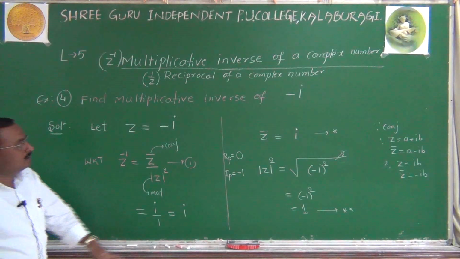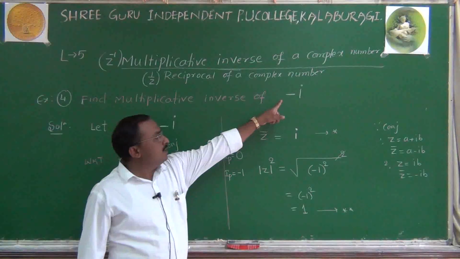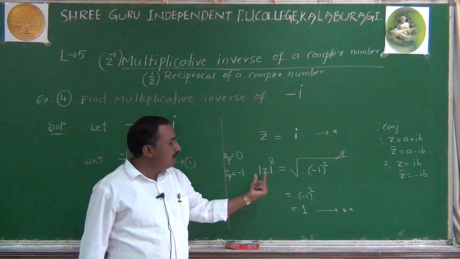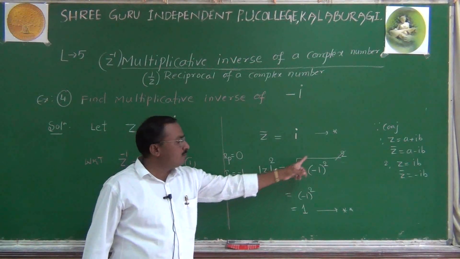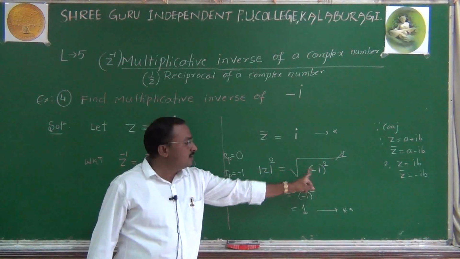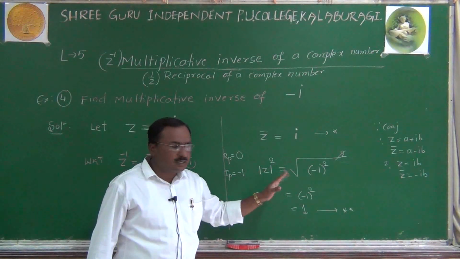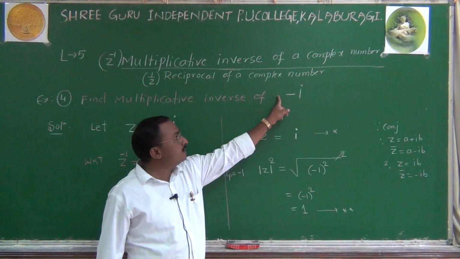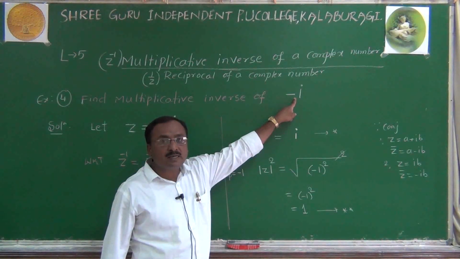Any doubt? Here z bar: minus i becomes plus i. And modulus of z whole square: square root of square is there. Real part 0, not necessary. Imaginary part is minus 1 whole square. In this place, real part is 0, imaginary part is minus 1.